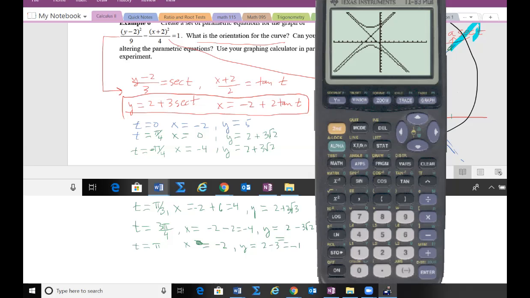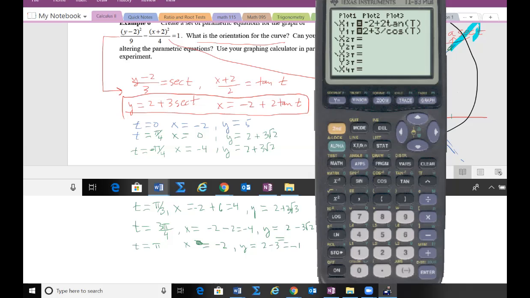Now, what happens if you change the orientation? How can you change it without changing the equations? If you look in here, we want to keep y with the secant.